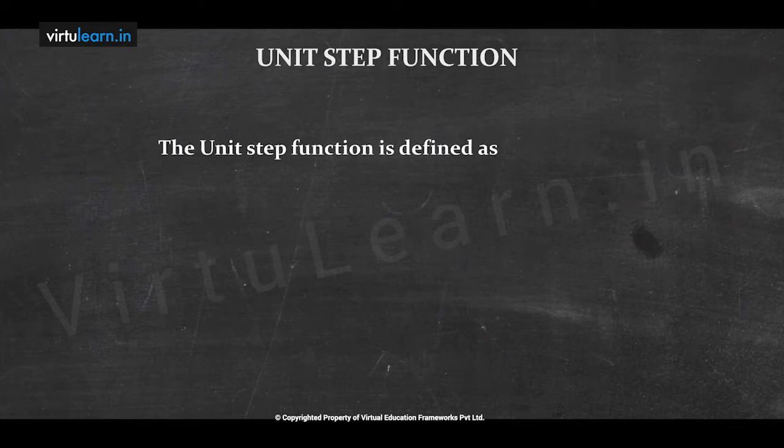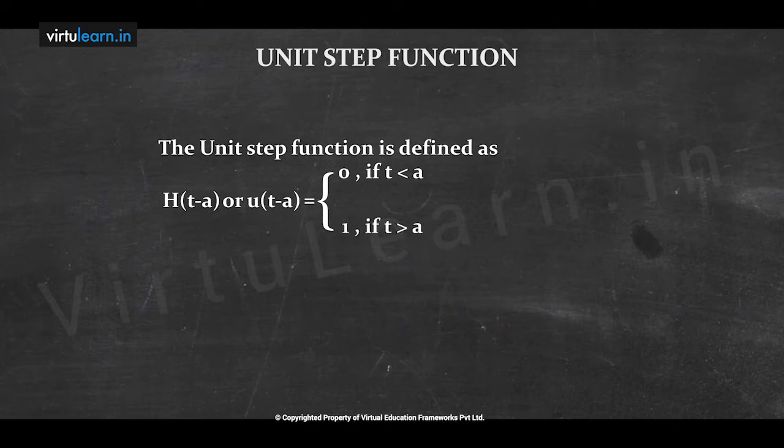Now the unit step function is defined as H of t minus a, or u of t minus a. This is capital H of t minus a, or u of t minus a, and it is equal to, for this function they have given two values. 0: the value of this function is 0 if t is less than a, and 1: the value of this function is 1 when t is greater than a.